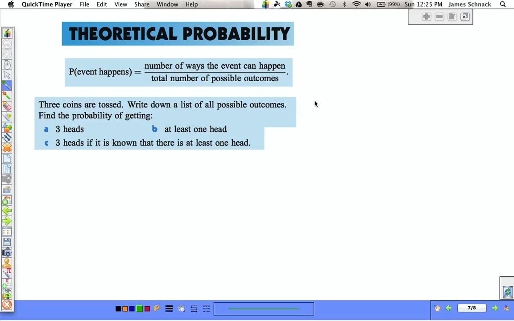So 3 coins are tossed. Head, head, head. Head, tail, head. Head, head, tail. Tail, head, head.